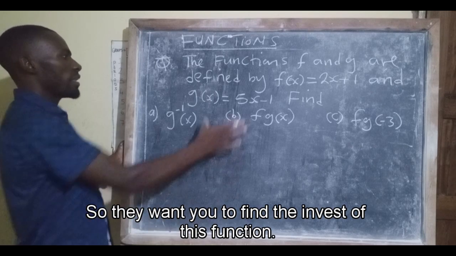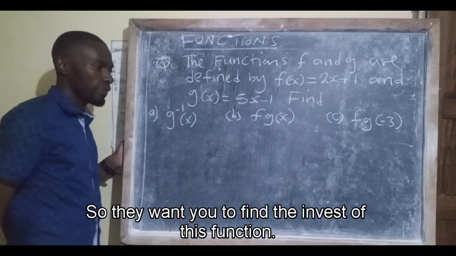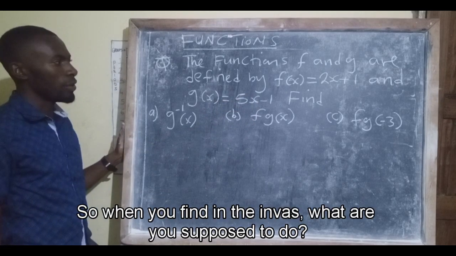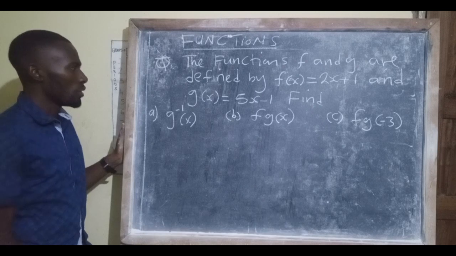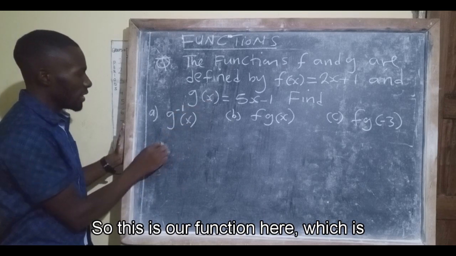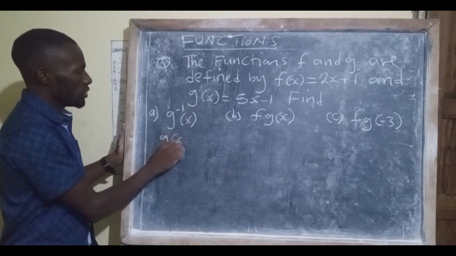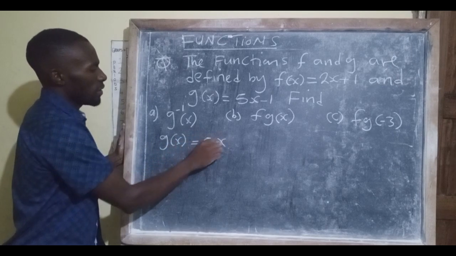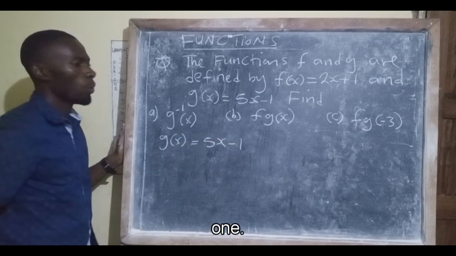So they want you to find the inverse of this function. When you are finding the inverse, what are you supposed to do? This is our function here, which is g of x is equal to 5x minus 1.